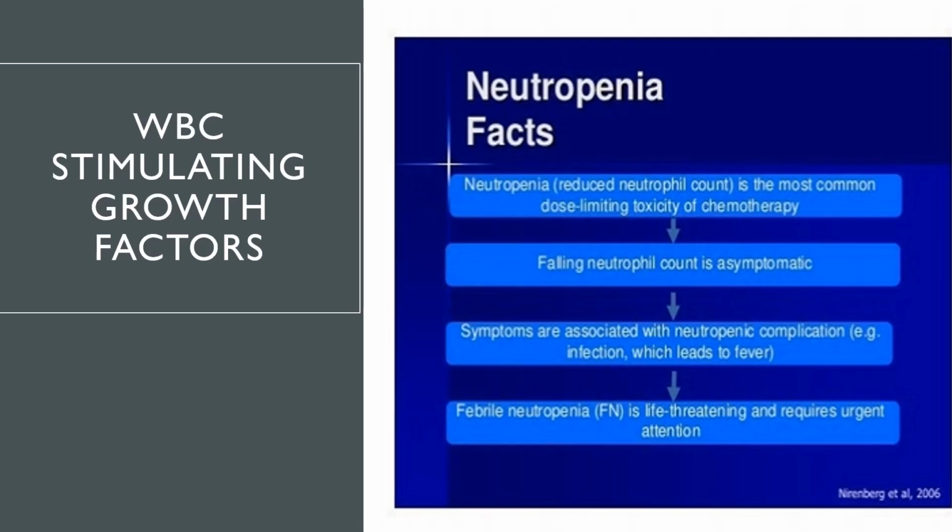Okay, let's go on and talk about a white blood cell stimulating growth factor. And before we do that, let's just talk about neutropenia. So neutropenia is a low neutrophil count, and it's typically caused by chemotherapy agents that have affected the bone marrow and reduced the overall white blood cell count, and in particular the neutrophils.